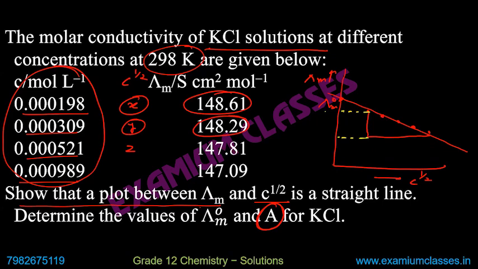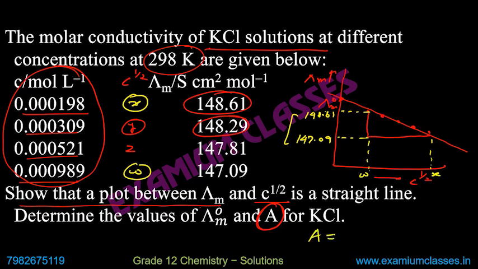Take the difference here. Say this one is 148.61 and this one is 147.09. So their difference is divided by the difference of these two. Suppose this is W and this is X, for example.